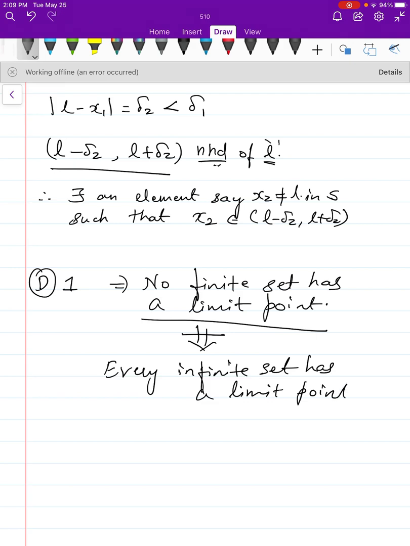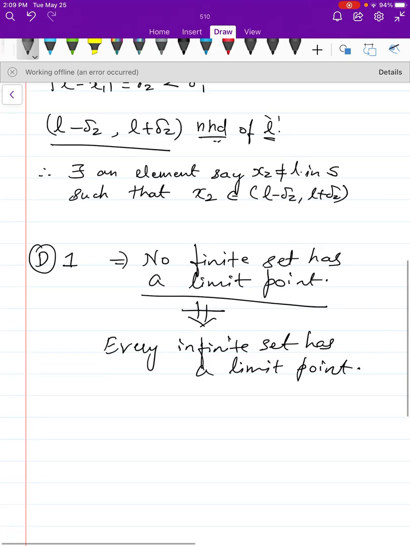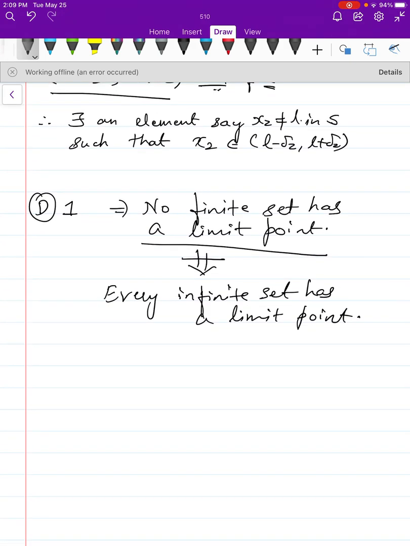So what is that condition, which tells when an infinite set of a real line or real space can have a limit point? That is the Bolzano-Weierstrass theorem.